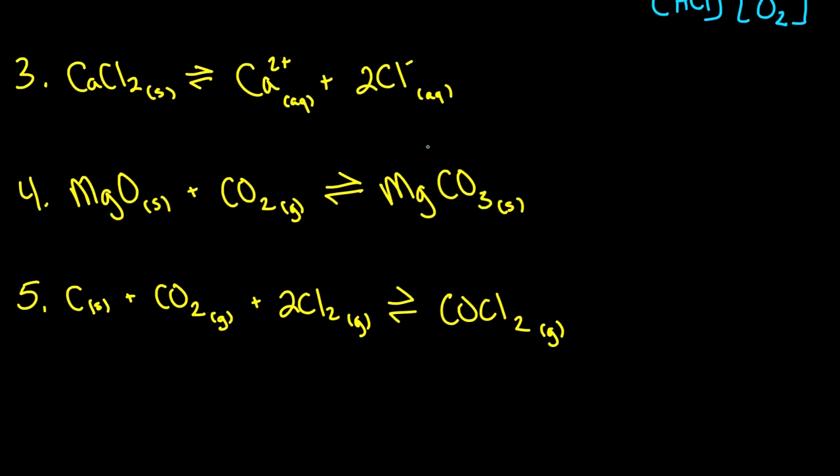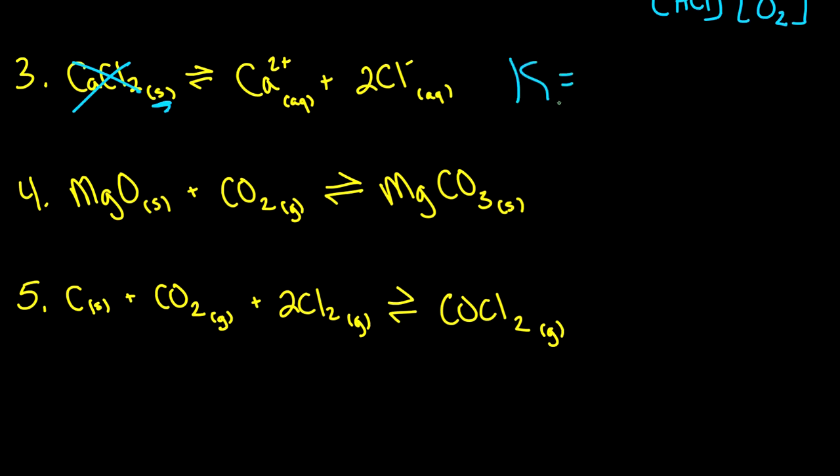All right, let's look at the next one. Got calcium chloride yields calcium ions and chloride ions. This one would be a solubility equilibrium, but it still works the same way. I do notice there is a solid right here. Since there is a solid, it does not affect equilibrium. We leave it out of the expression, so I totally ignore CaCl2, just leaving me with 2 products.